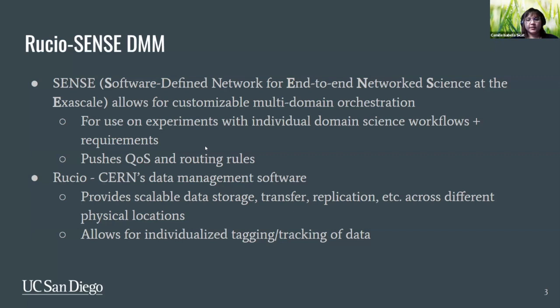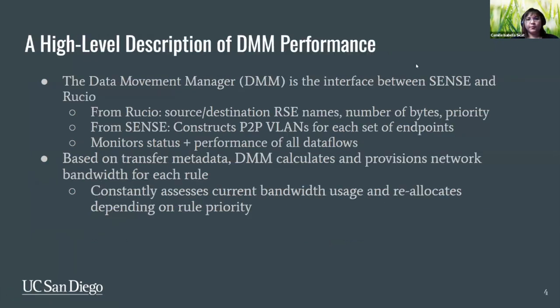Meanwhile, Rucio is CERN's data management software and provides for scalable data storage, transfer, replication, and other services across physical locations. It also allows for the individualized tracking and tagging of data, which is useful for when DMM comes in to grab the source and destination RSE names, number of bytes, and priority of the data to be transferred, also known as a rule.